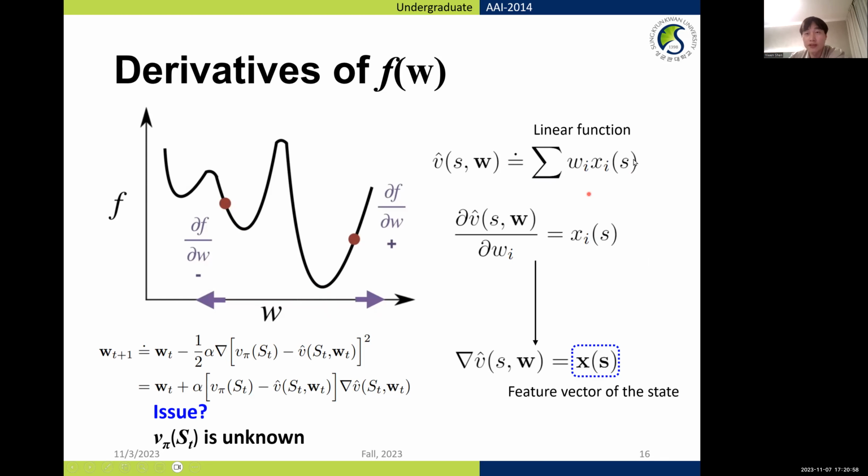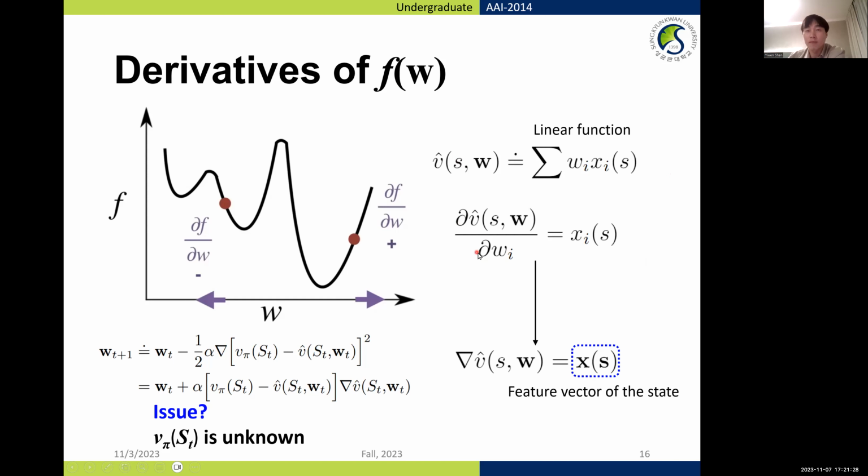For example, if we consider this parameterized value function as a linear function, it means that it is a linear combination of each feature. Each feature has a weight, a coefficient, and we just sum them together. They become a linear function.